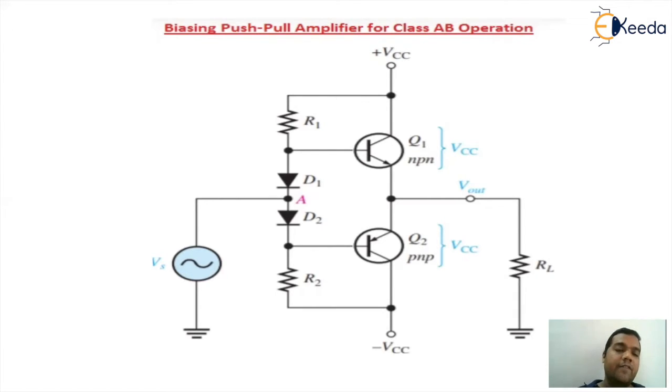The voltage signal Vs is applied at the center point, and the output is taken at the emitter common point of both the transistors. So if your observation is sharp, it is actually a Class B push-pull complementary symmetry power amplifier modified with the help of an additional biasing circuitry, and this is leading to a new circuitry called Class AB power amplifier.